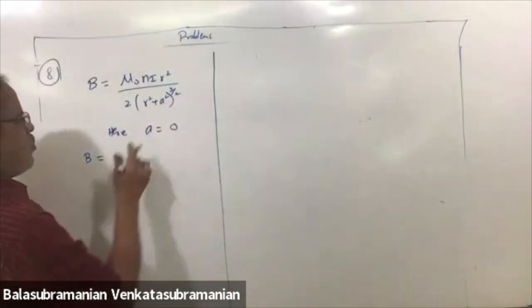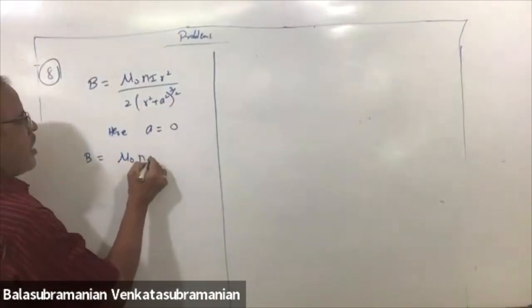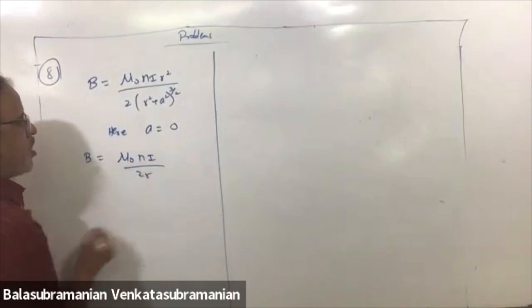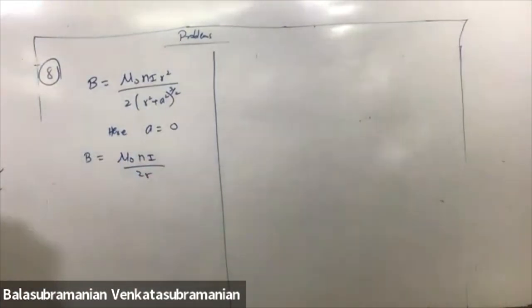R square, R cube cancels, mu naught N I by 2R. Now substitution.